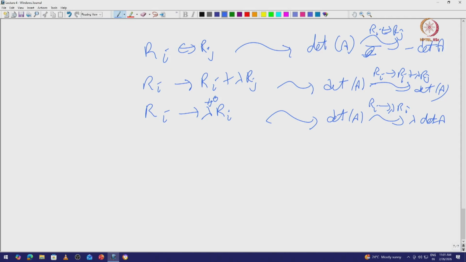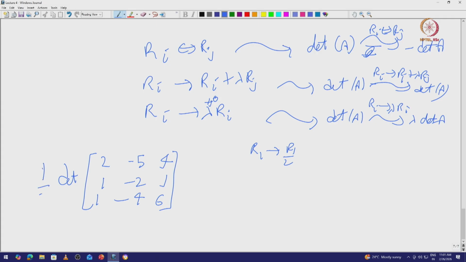To put this into practice, for example, let's take this matrix. This is the same matrix that we looked at earlier. Remember the augmented matrix? I'm throwing out the last column. If I want to compute the determinant of this, remember the first operation we did was to scale the first row. But when you do the scaling, you scale the determinant by half, right?